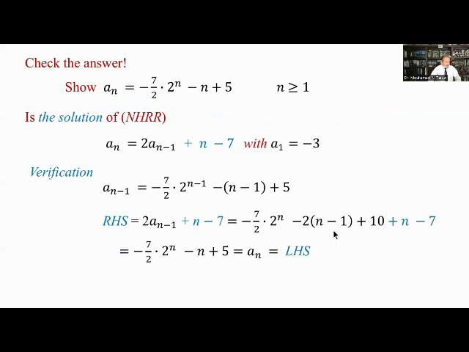And just add them together here. And you see that you get the left-hand side. Just by simplifying here, you get the left-hand side. Now it's really easy to show that a_1 is equal to -3. Here, if you put n is 1, you add this here, you get -3.